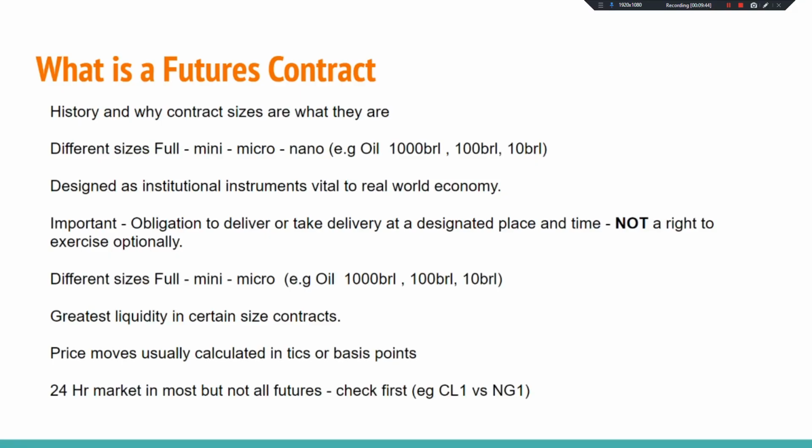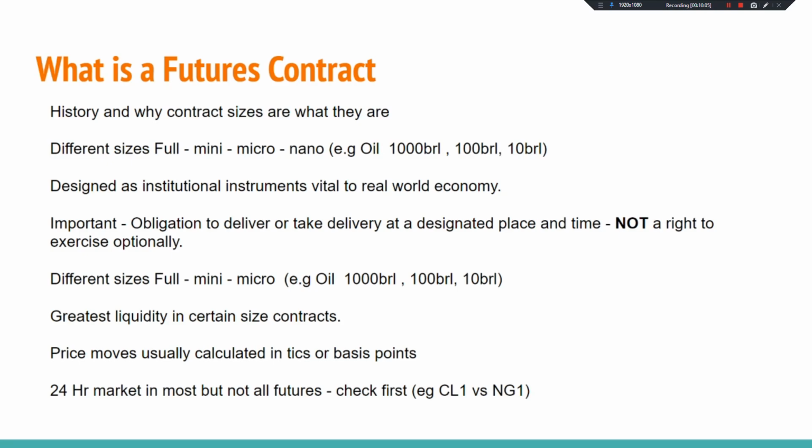Most of the people have heard of the E-mini, which is a mini S&P 500 contract. It's 50 S&P futures, 50 units of S&P.